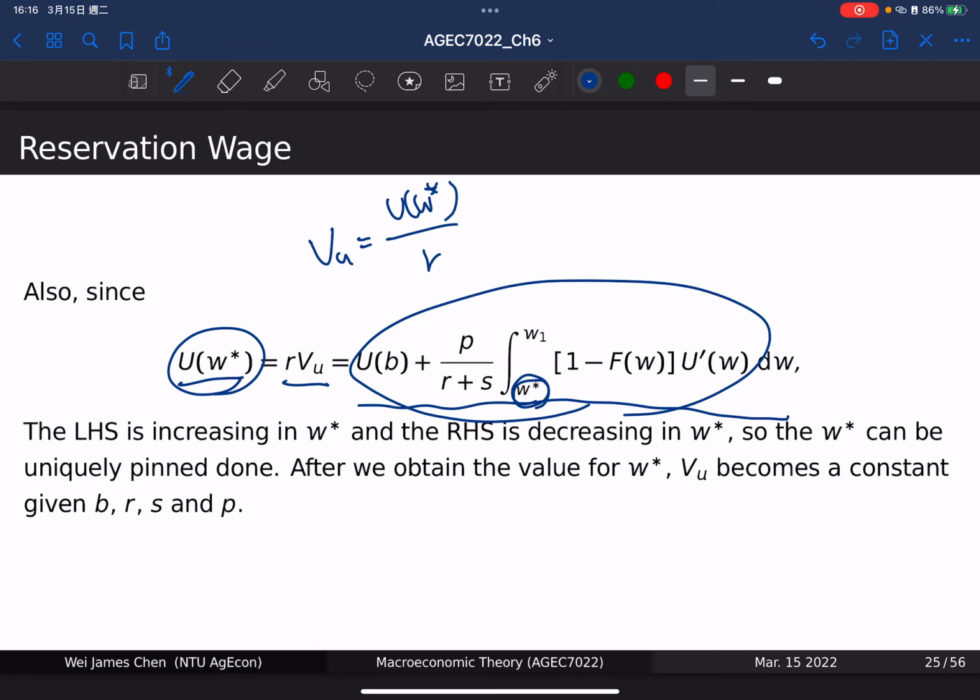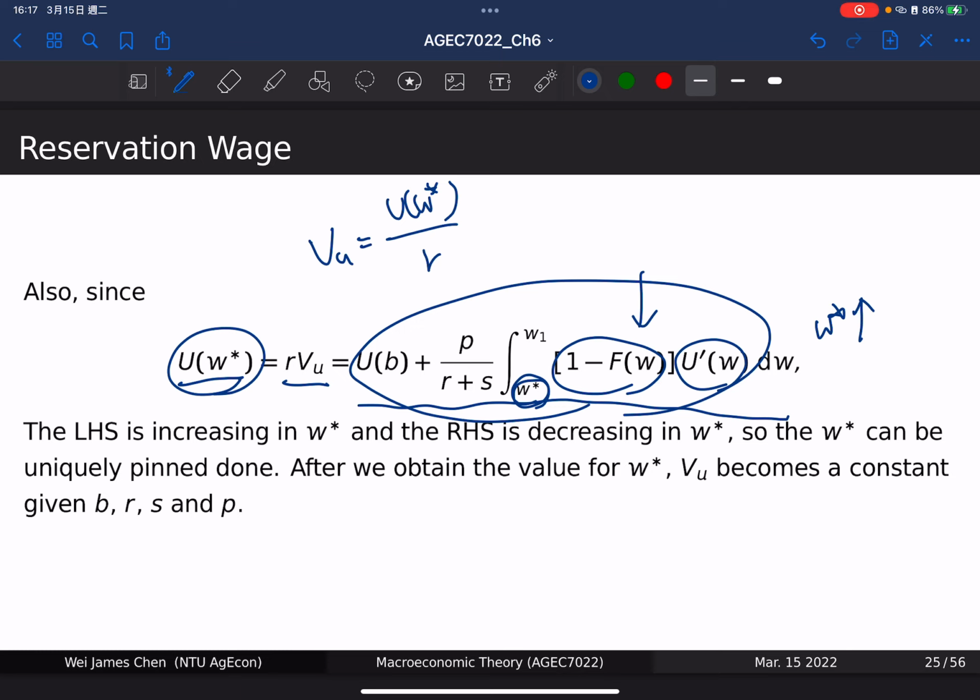If you increase w star, the range over which you do the integral is a smaller range. If the integral range is smaller and everything inside is positive, this is positive because the utility function is an increasing function, so the derivative is positive. And this is 1 minus the CDF, which must be positive because the CDF is between 0 and 1.